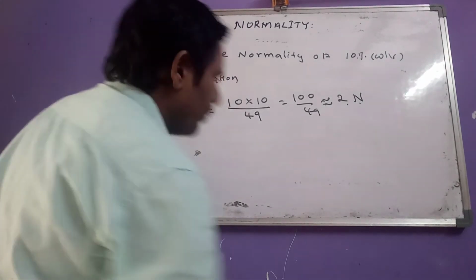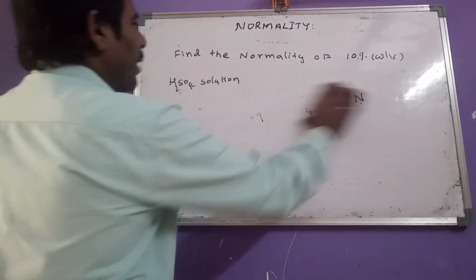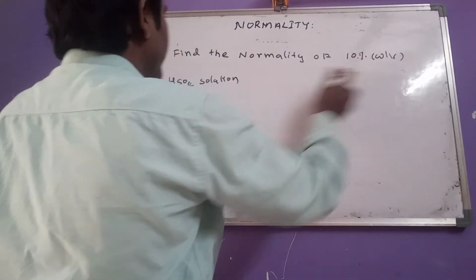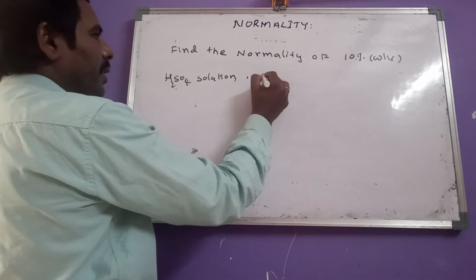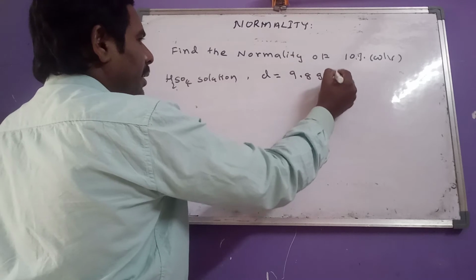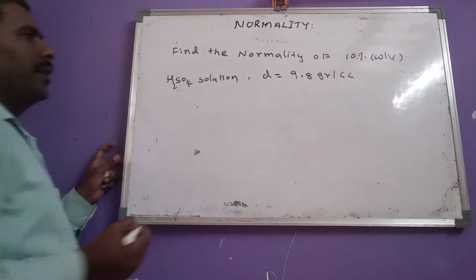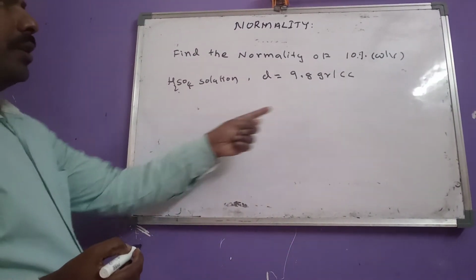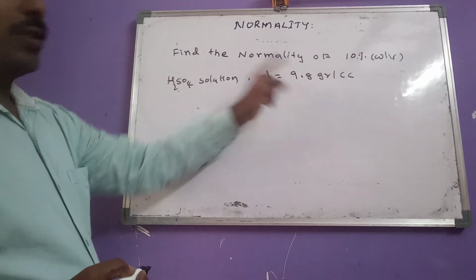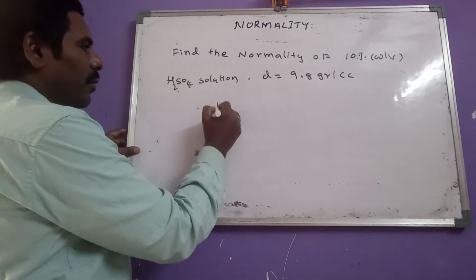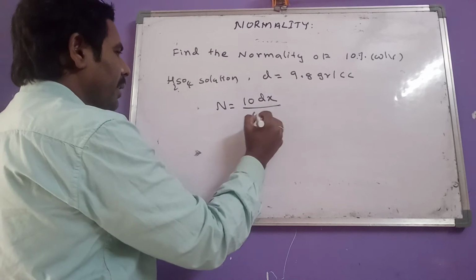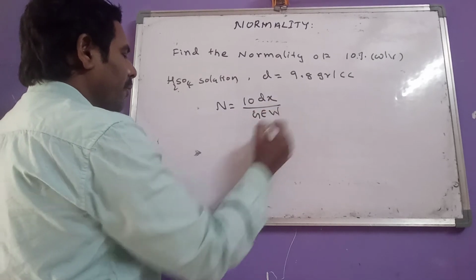Next question. What is the normality of 10% W by V H2SO4 solution? Density is 9.8 gram per cc. So in this problem we have percentage W by V and also density. So now the formula is 10 dx by gram equivalent weight.